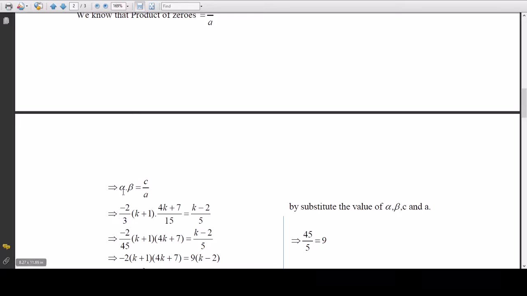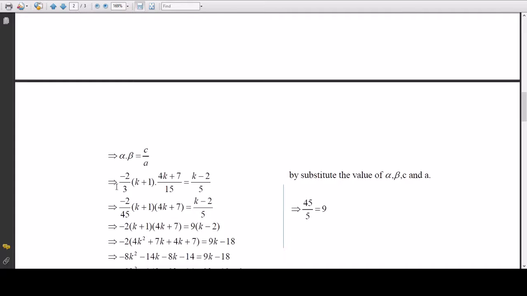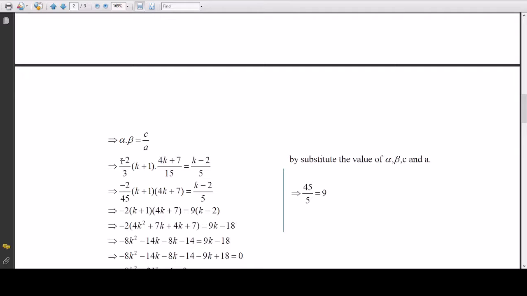Alpha is minus 2 by 3 times (k plus 1), beta is (4k plus 7) by 15, and c by a is (k minus 2) by 5. Now multiply: 3 multiplied by 15 is 45, (k plus 1) multiplied by (4k plus 7) on the left, and the right side is the same.